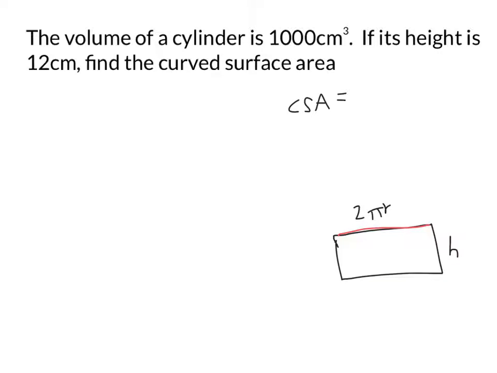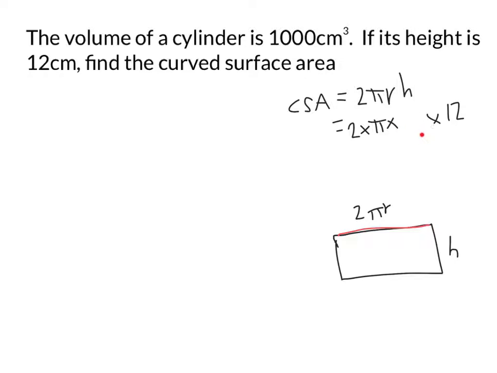So the curved surface area is that rectangle, which is 2 pi r h. It tells us the height is 12, so we can do 2 times pi times something times 12. We don't know the radius, so we've got a blank here.